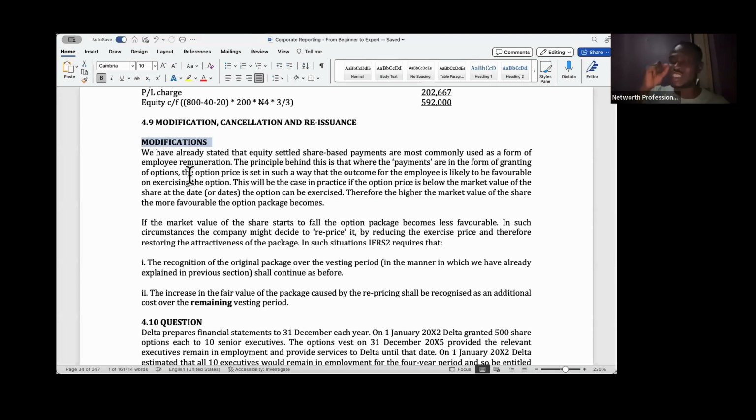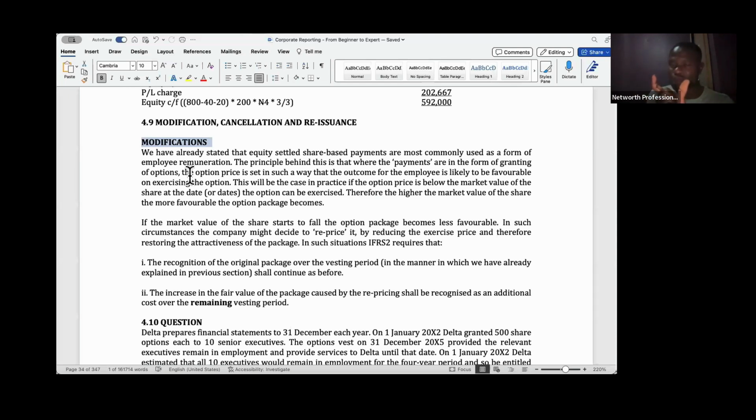So what entities do when that situation arises is to reprice. They will reprice the share option package. They will reprice it immediately. And repricing it means that they will also reduce the exercise price so that it continually is attractive.